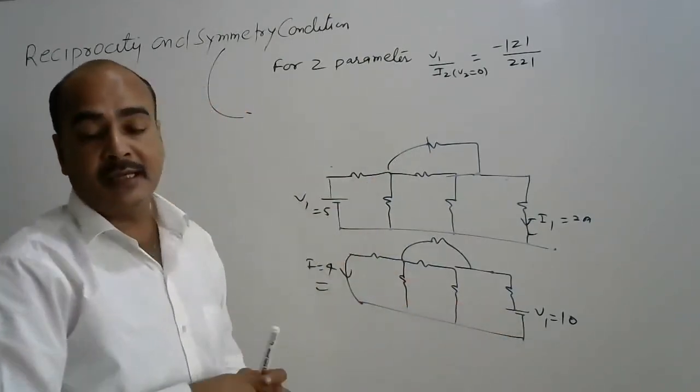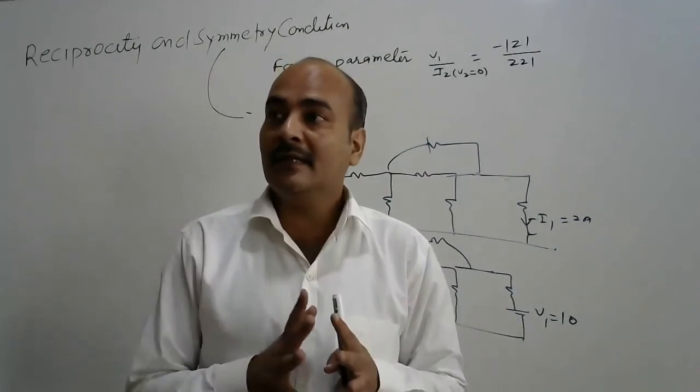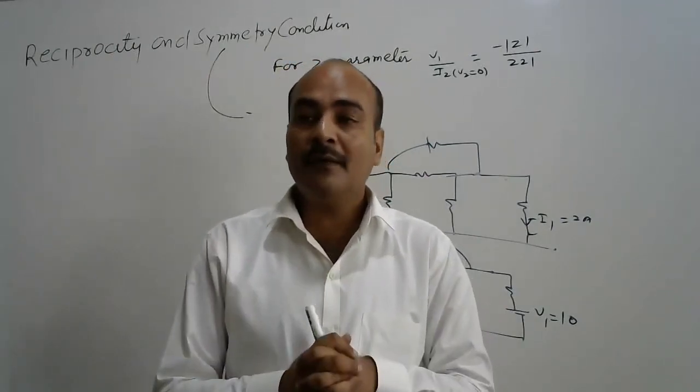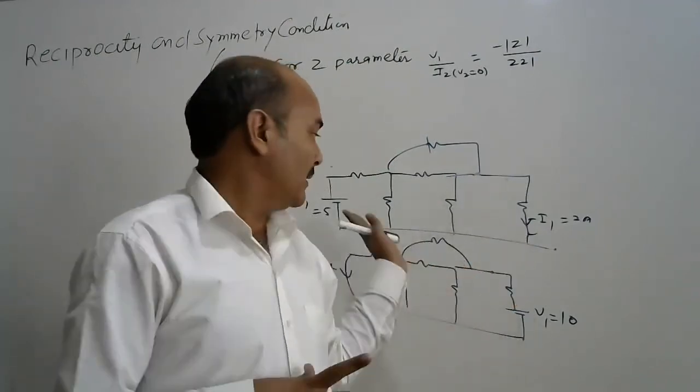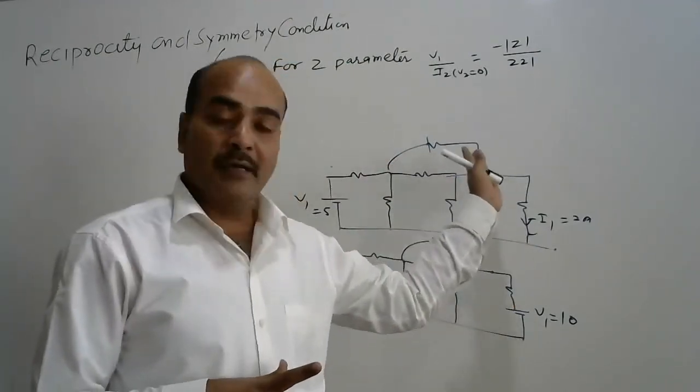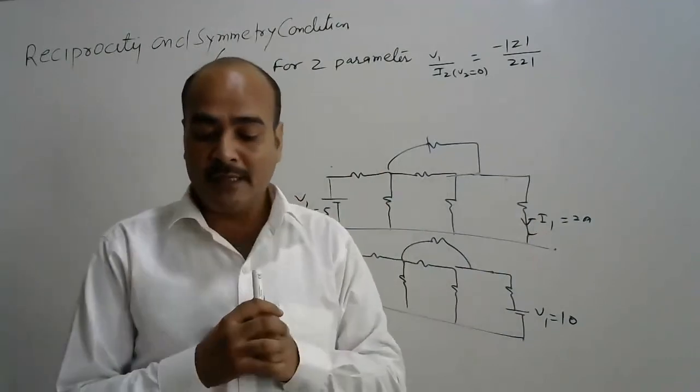So this network is a reciprocal network. A resistor network is a reciprocal network. We calculate all the parameters using the application of this reciprocity condition.